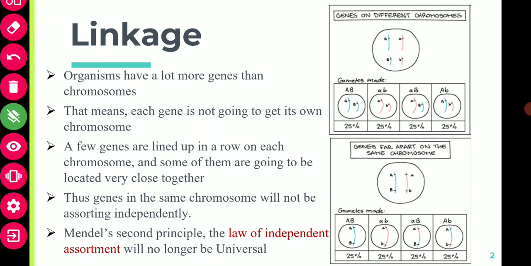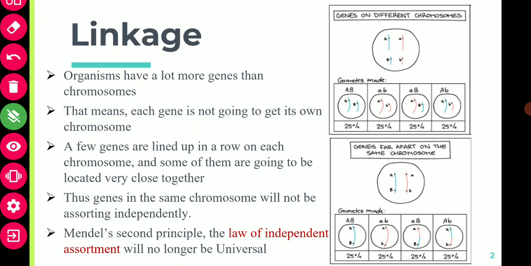So it indicates that in one chromosome there may be more than one gene. That means each gene does not have its own chromosome. It also indicates that genes may be linearly arranged on the chromosome, because there are not as many chromosomes as there are genes.